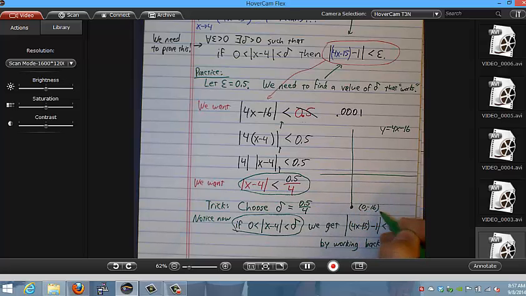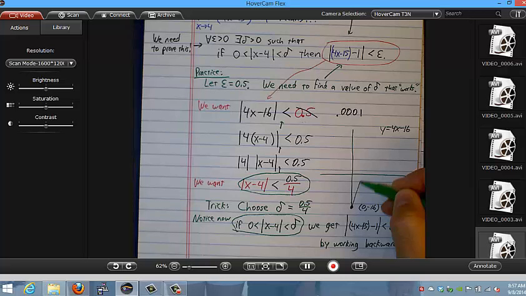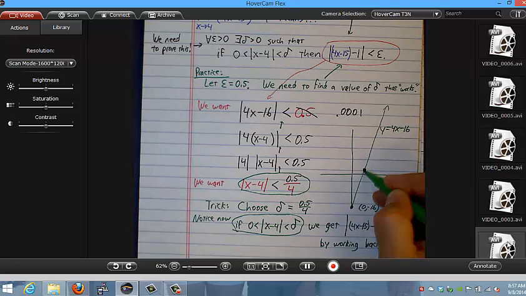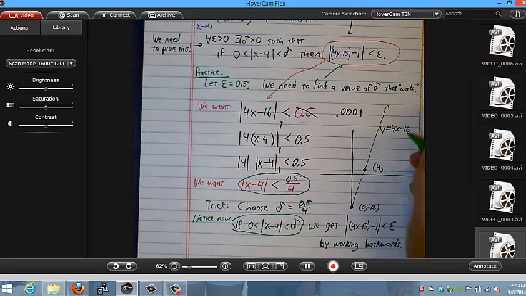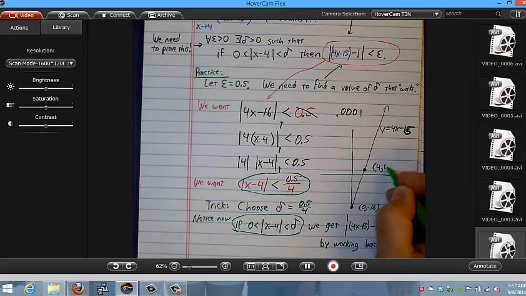What's the slope? 4. And what point does it go through? It goes through the point 4 comma 1.